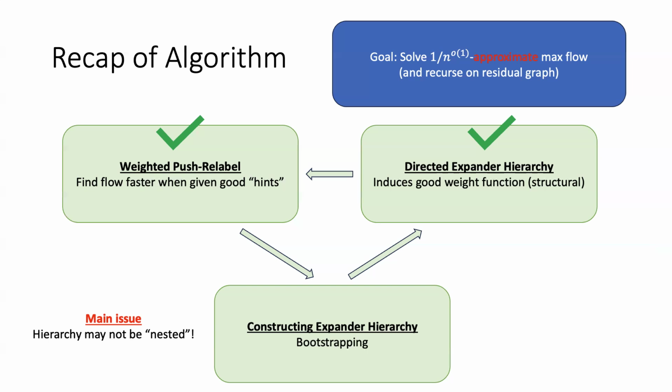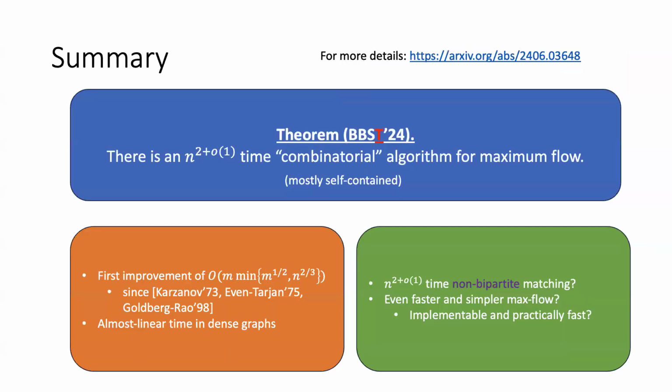So we need to spend more work to fix this non-nestedness, to force that everything in the end will form a nice hierarchical and laminar structure that you've seen in previous slides. So this is what goes into the algorithm for constructing the expander hierarchy, mainly, and the only complication in our paper.